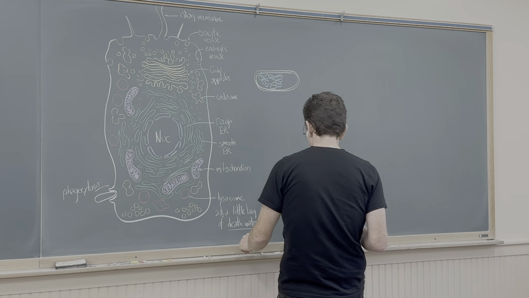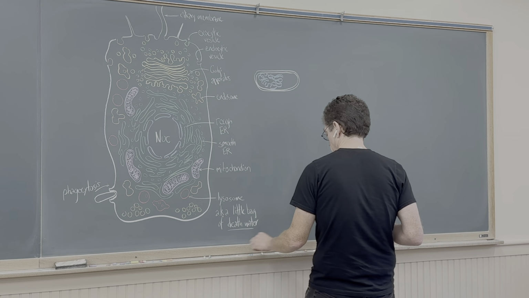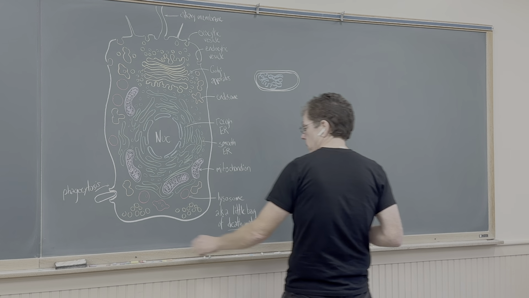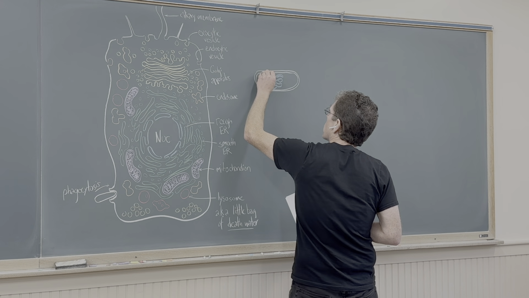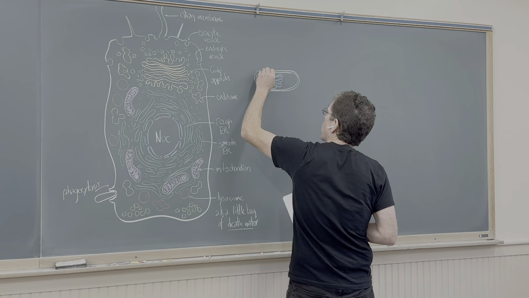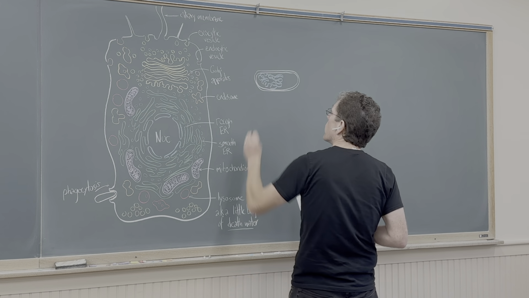Big looping thing. And if you want to secrete proteins in a prokaryote, that means ribosomes are right on the DNA, right on the RNA coming off of the DNA.